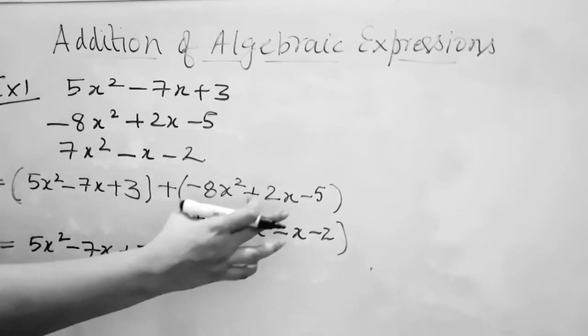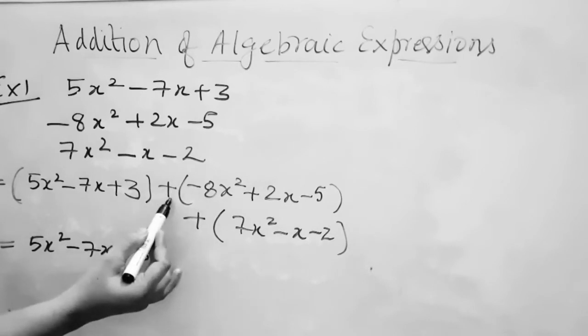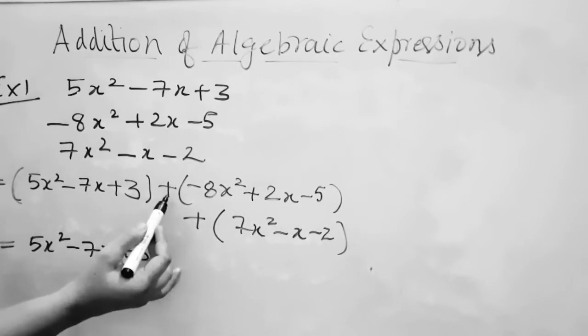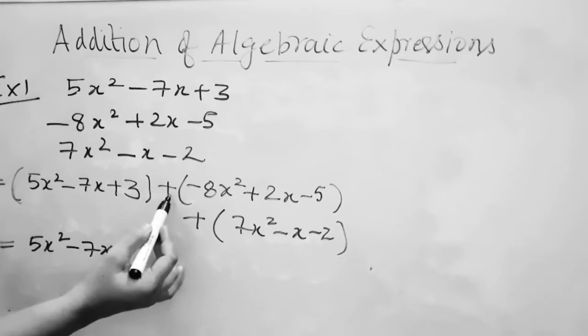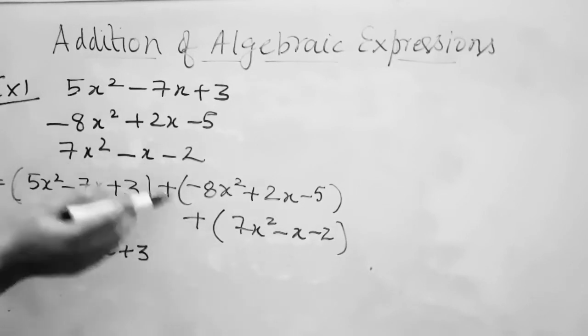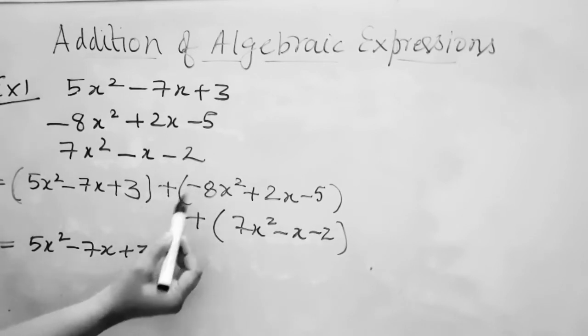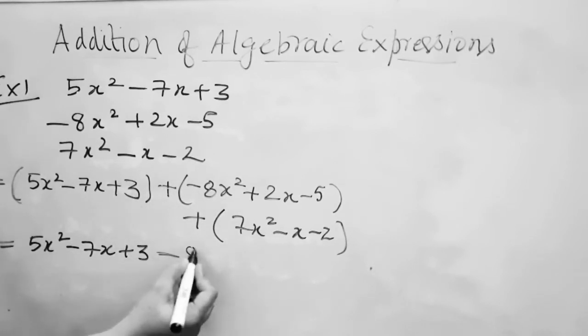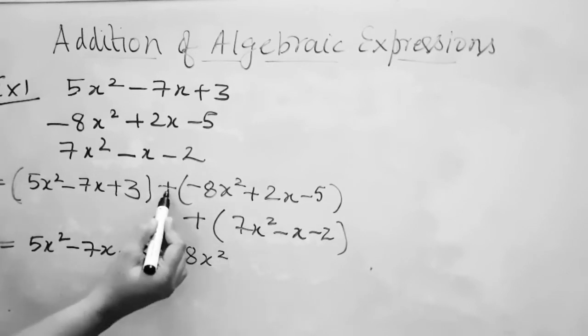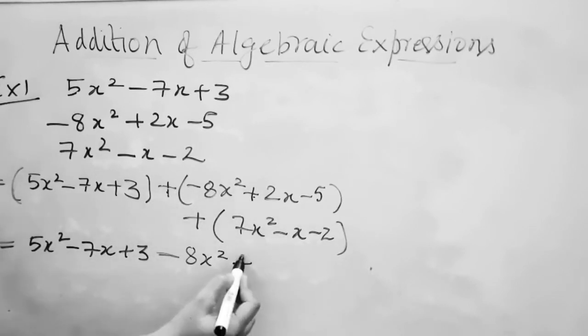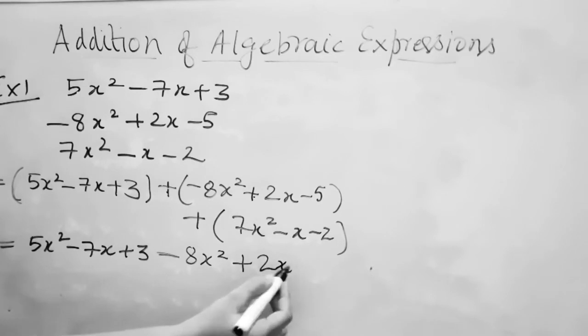Now coming to this one, what do you see outside the bracket? There is one addition sign outside the bracket. This addition sign will be multiplied by each and every term of this algebraic expression. Plus minus minus, so it will be minus 8x square. Plus plus plus, so it will be plus 2x.